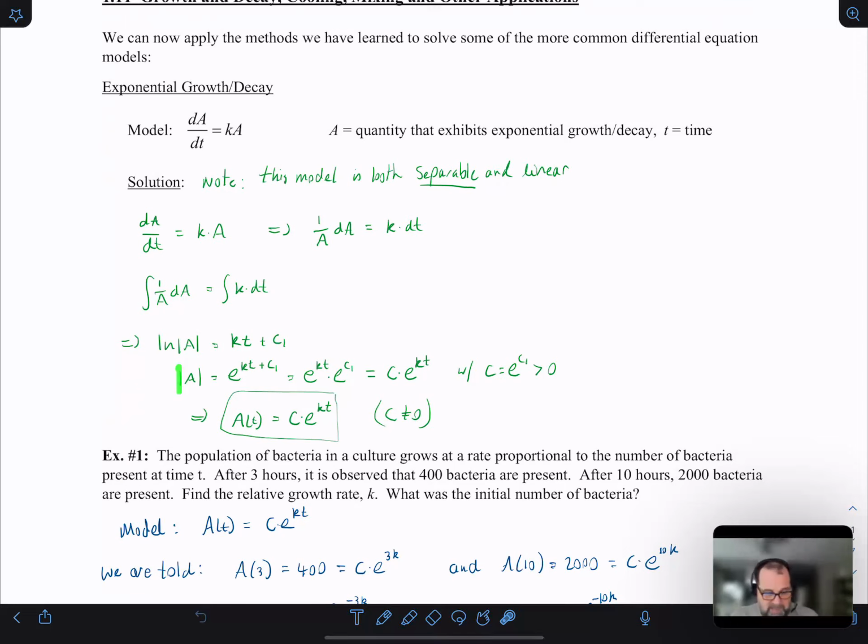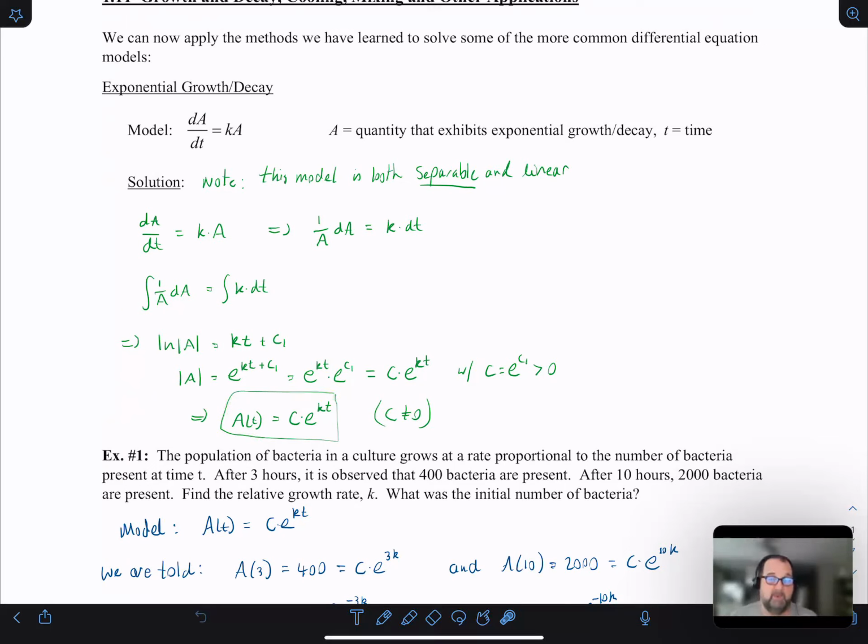If I want to get rid of the absolute value bars, then I can just get rid of the absolute value bars and allow the c to also be negative, and we can, again, take care of our equation this way. So we get that this amount of material growing or decaying exponentially is equal to c e to the kt. So this is the model that I am sure you are familiar with.